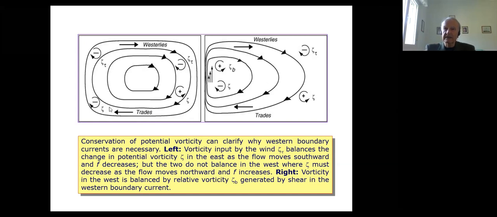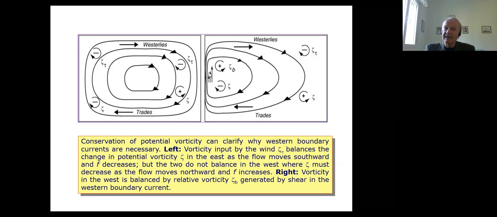And this situation is not possible, since all over this area the wind imparts negative vorticity, and so this is compensated by the relative vorticity of the water column.